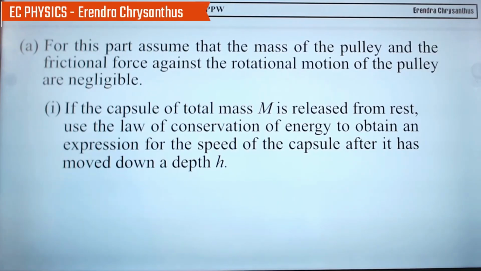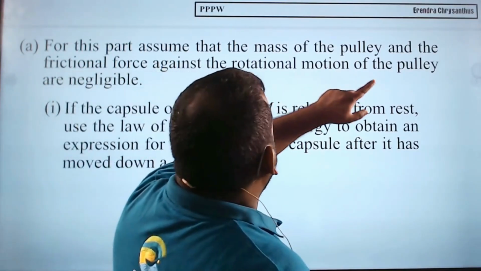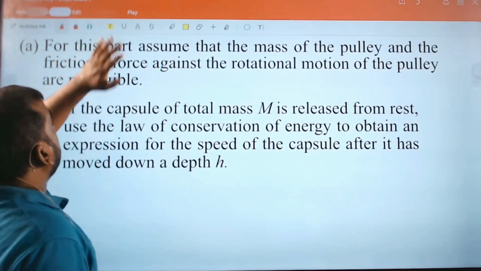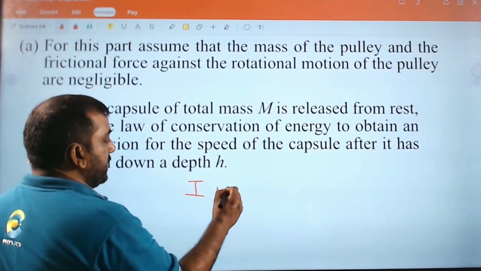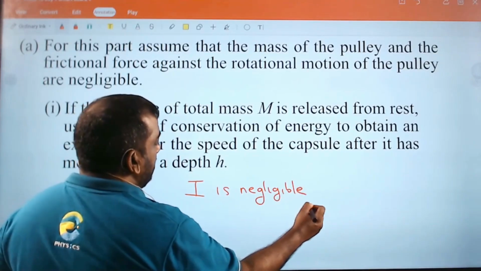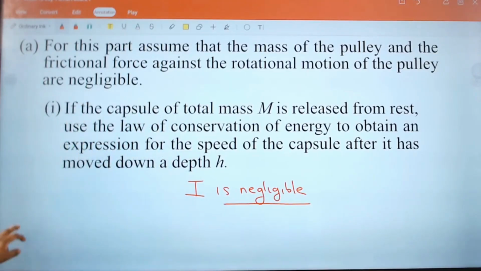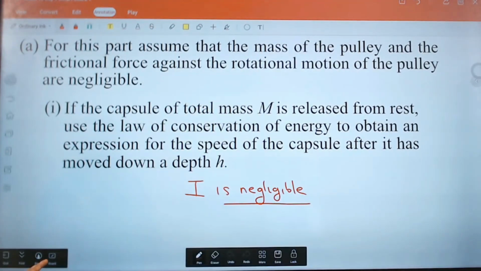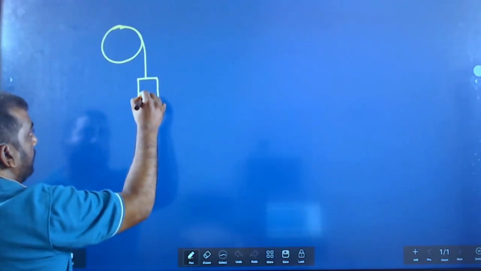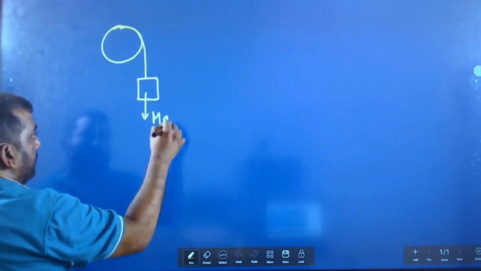Look at this carefully. Now, assume that the mass of the pulley is negligible. The moment they say that, don't consider the moment of inertia. So now we can say the pulley is here, the mass is there, with weight mg.